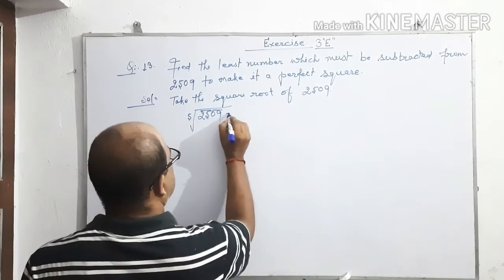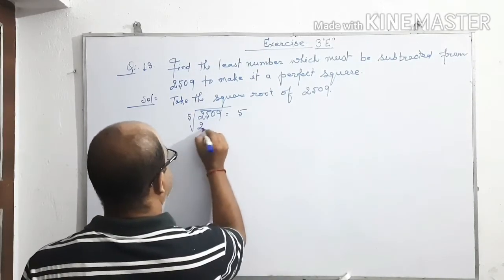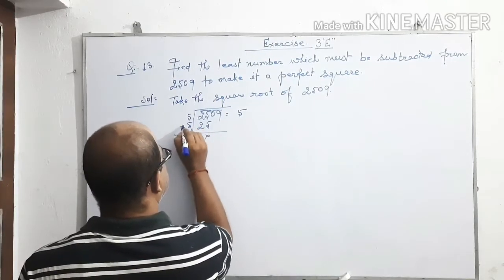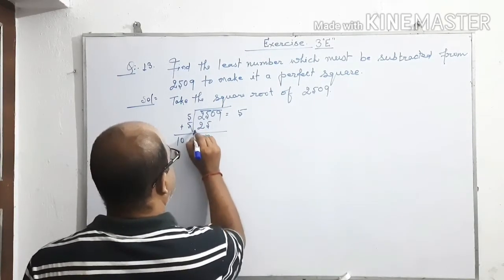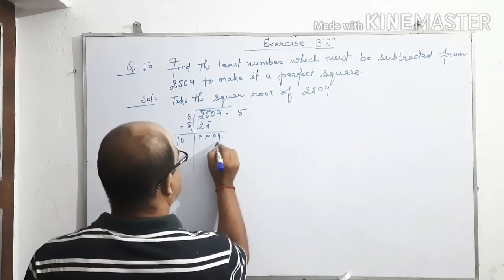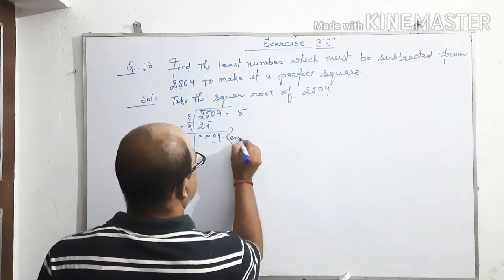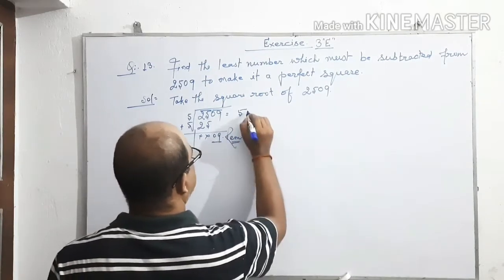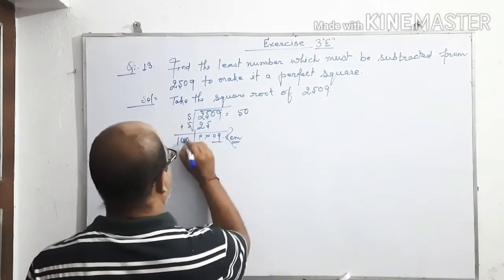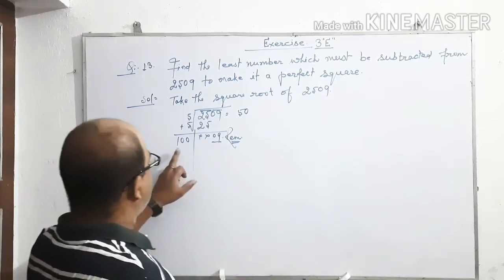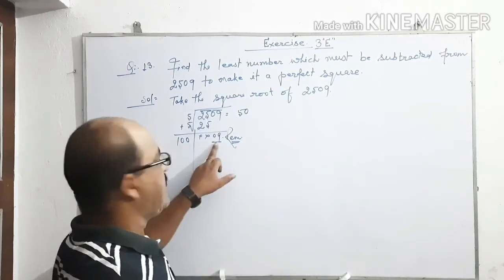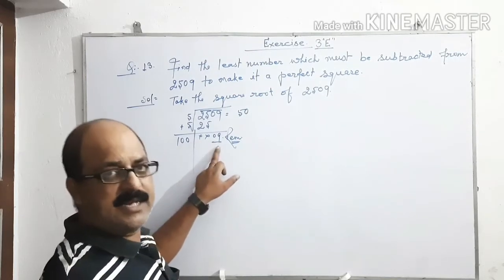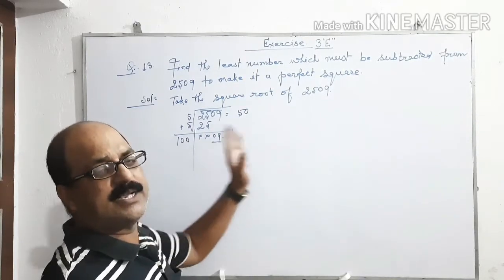5 fives are 25, it will be cancelled. 5 is added here, 5 plus 5 is 10, and 0 9 remains. This is the remainder. If we put anything here, even 0, 10 will be greater than 9, or 100 will be greater than 9.